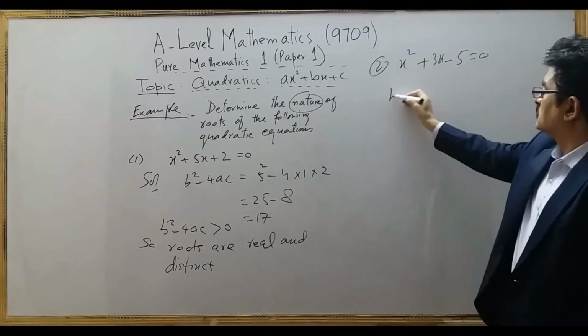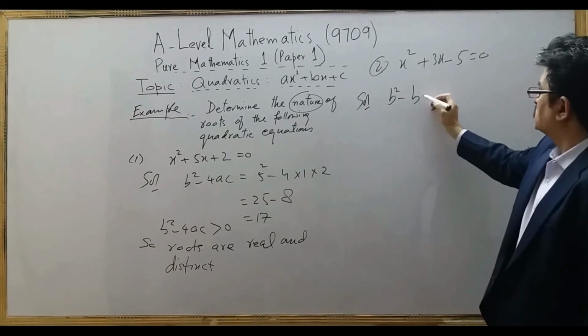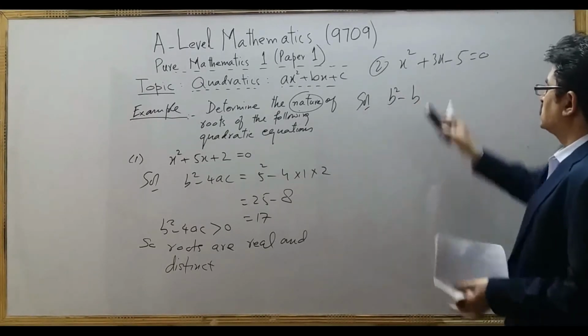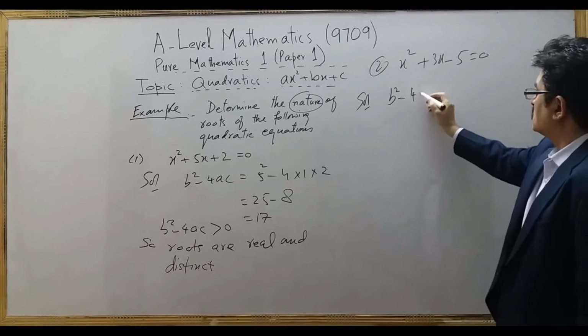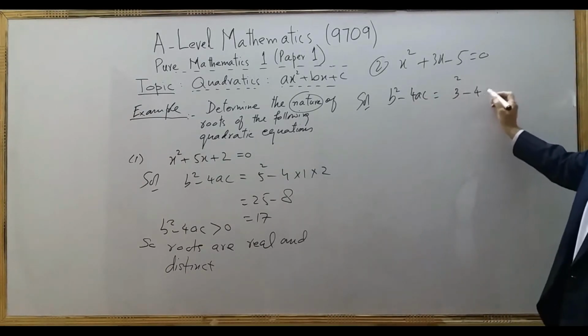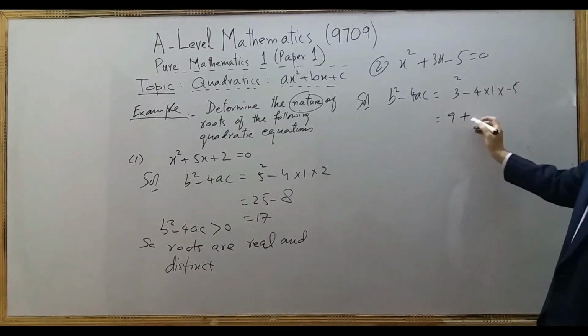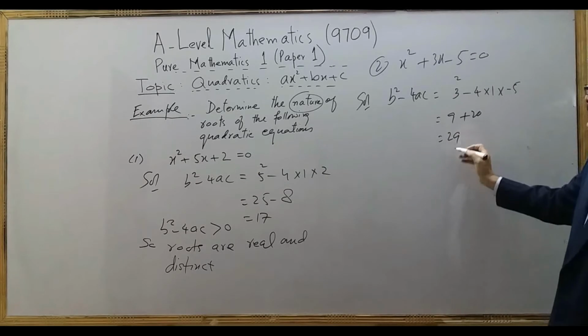Now again you just find the discriminant, b square minus 4ac, which is equal to 9 minus 4, a is 1, c is minus 5, 9 minus 20, it is 29.